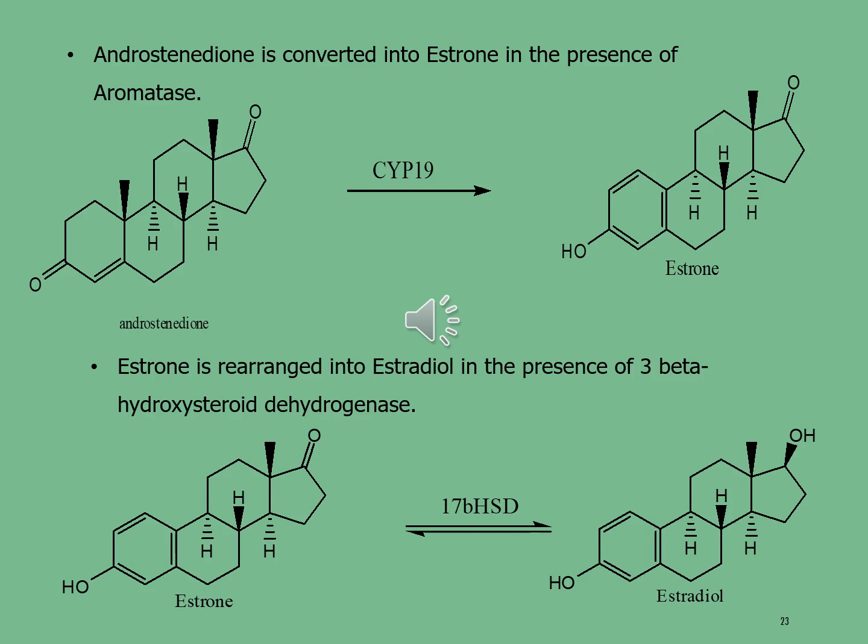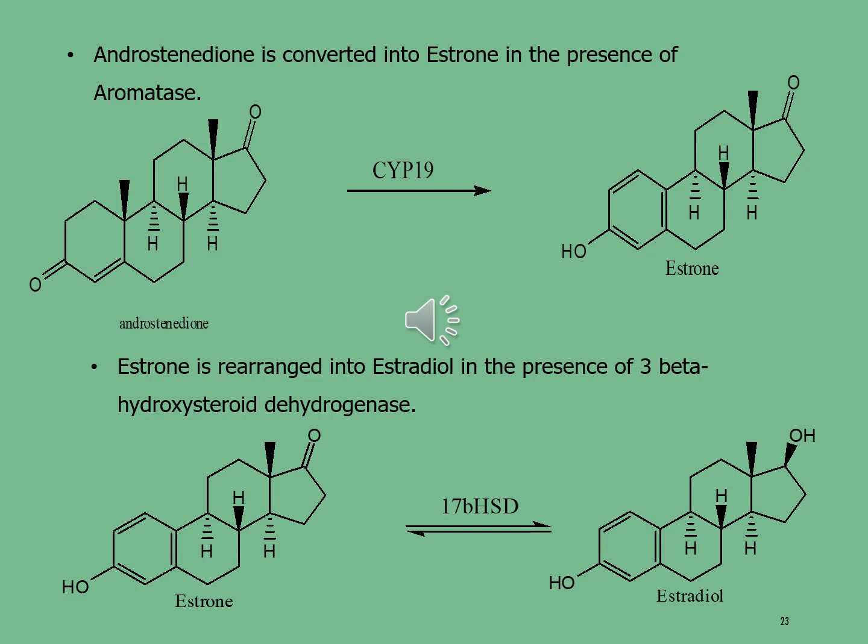You can see in this reaction the difference between these two structures is the presence of the first aromatic ring in the estrone, which is not present in the previous molecule. So there is also a change at carbon 3 position because the carbonyl group is present in the androstenedione. However, there is a presence of a hydroxyl group at carbon 3 position in the estrone.